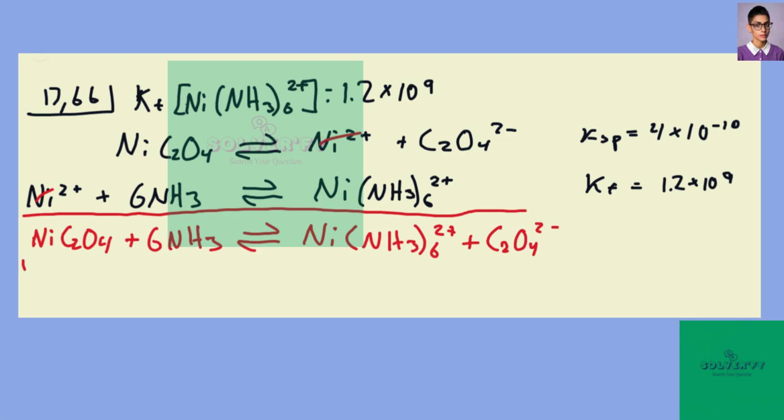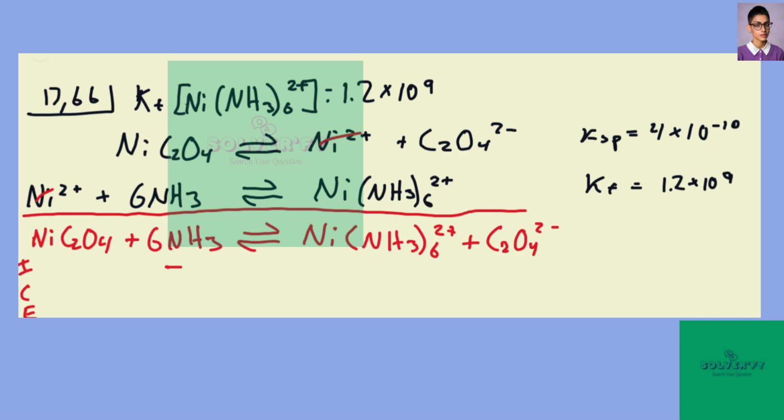So we can make an ICE table here. We don't know the initial ammonia. We need to know the exact amount of ammonia that we need to add.